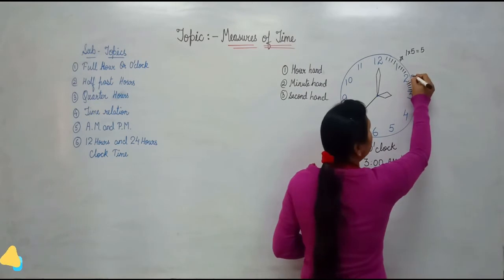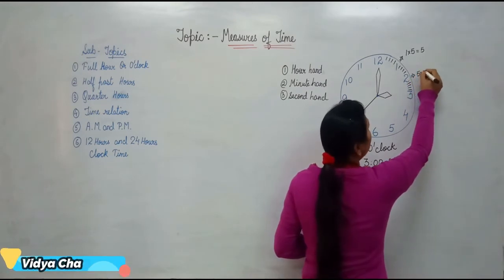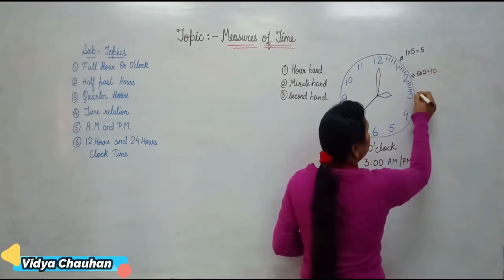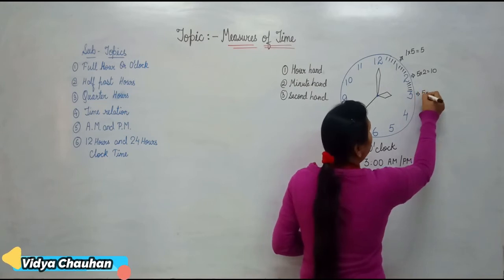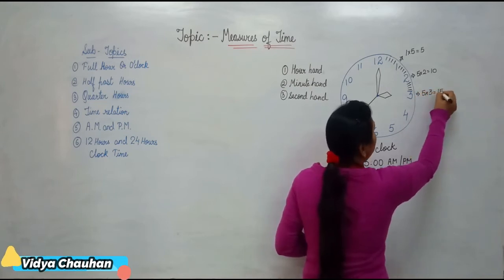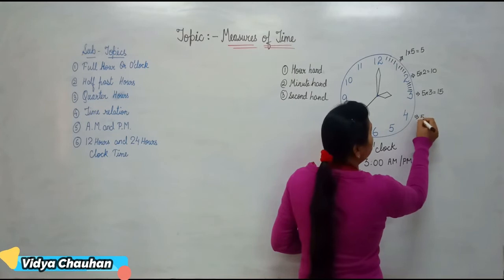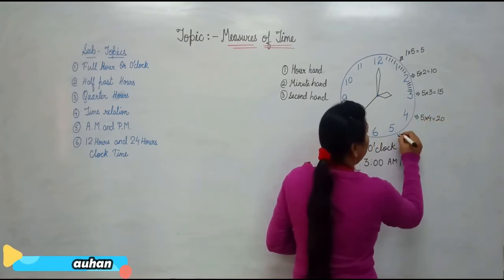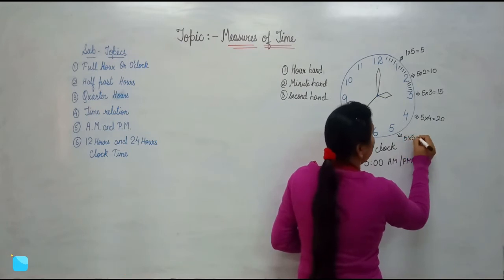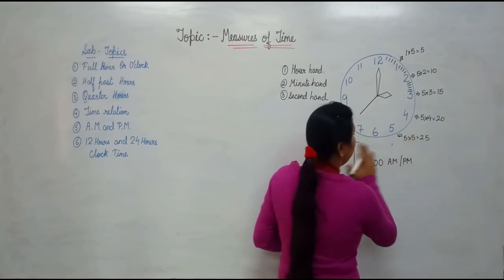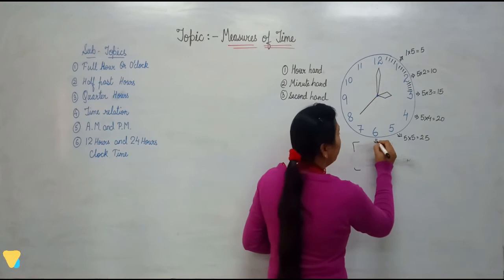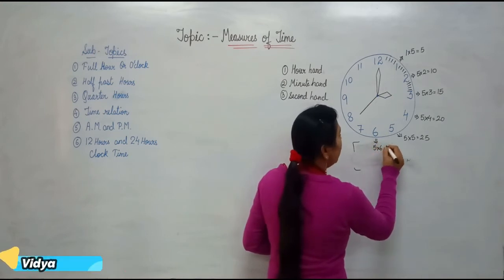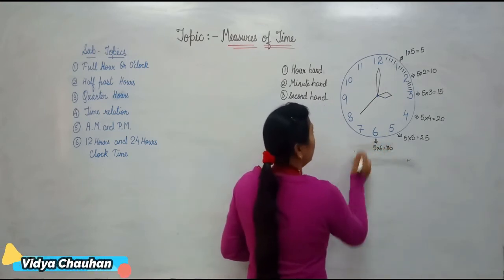Then similarly, 2 becomes 5 into 2, that is 10. Then 5 into 3 becomes 15. 5 into 4 will become 20. 5 into 5 becomes 25. Then 5 into 6 equals 30.